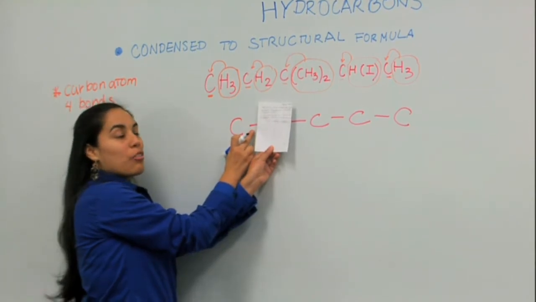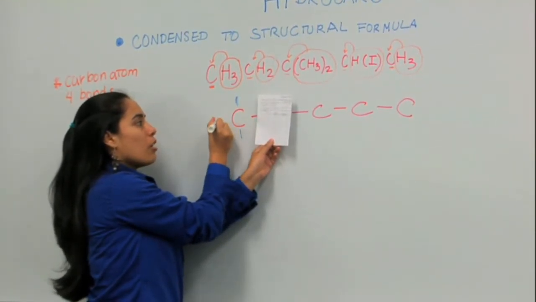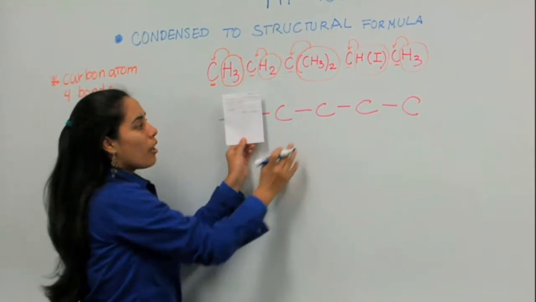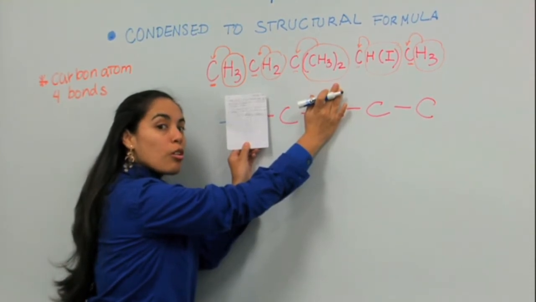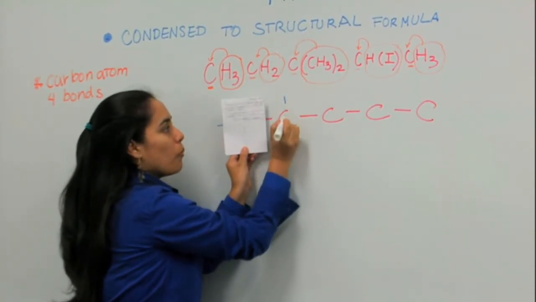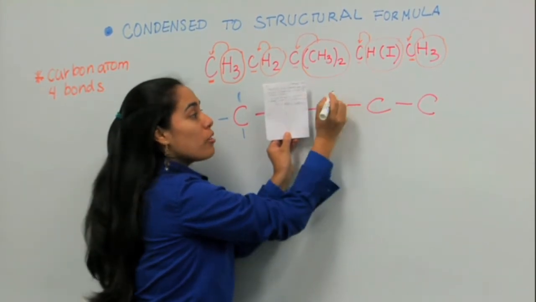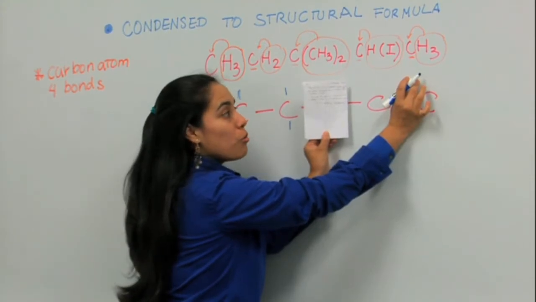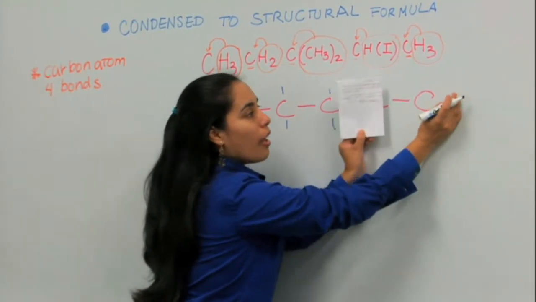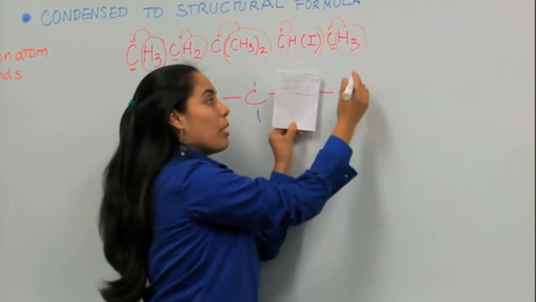This carbon already has 1, so I need another 3 to complete the 4. That carbon has 2 bonds, so I need to complete 2. Same thing here. It already has 2 bonds, so I need another 2. Same here. It already has 2 bonds, so I need 2. And lastly, I have 1 bond here, so I need 3.